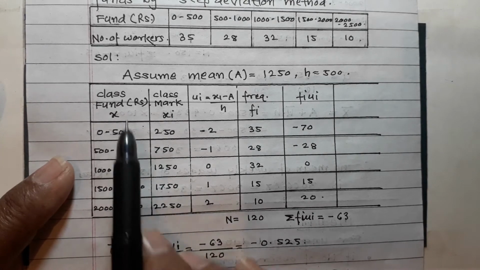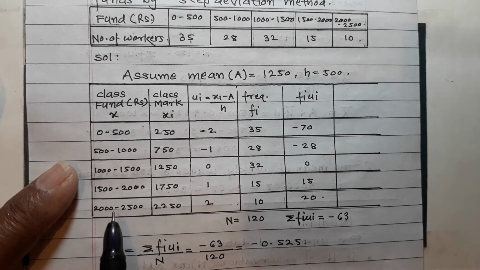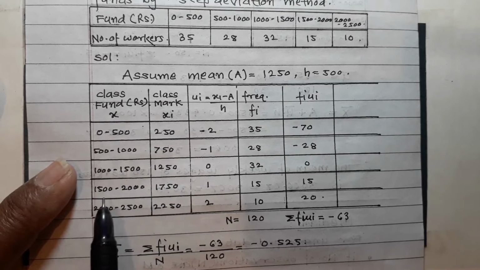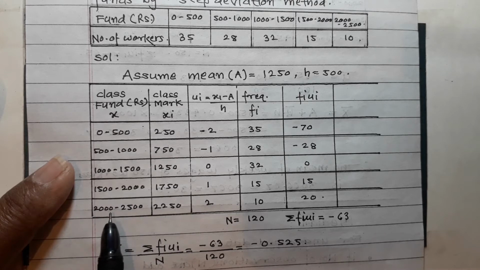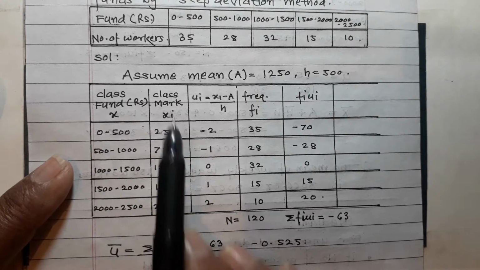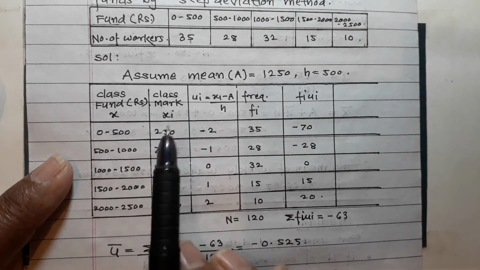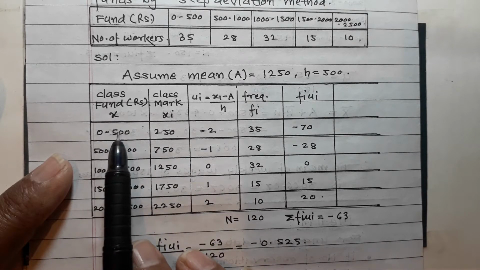Now write down your classes first: 0 to 500, 500 to 1000, 1000 to 1500, 1500 to 2000, 2000 to 2500. Then find the class mark, that is xi, the center of each class.